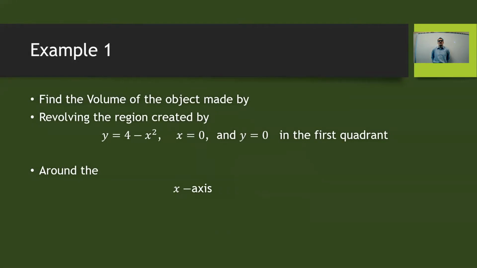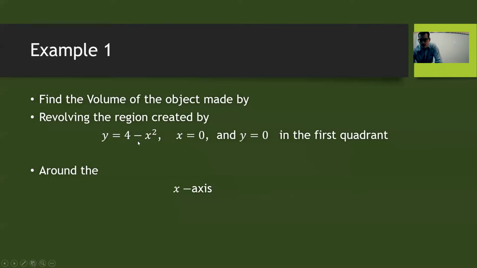I would say, in general, graphing it is a good way to do it. All right. So first step, look at what region we're talking about and how it's being rotated. When things get more and more complicated, it's more and more important that we know what we're doing.